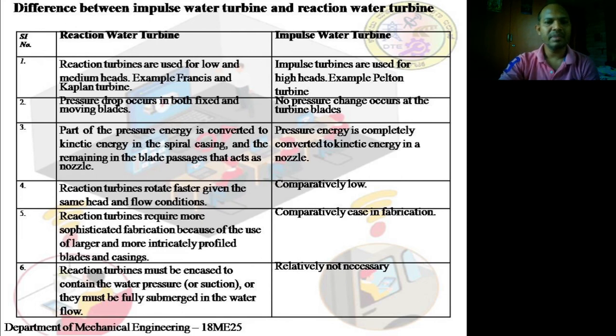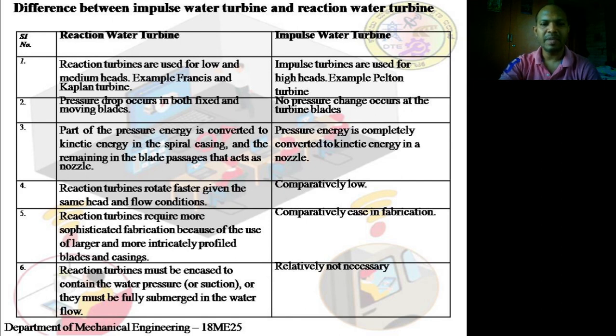Reaction turbines require more sophisticated fabrication because of the use of large and more intricately profiled blades and casings, whereas here it is comparatively easy in fabrication, and the only thing is the blades have to be symmetrical, so that the maximum work can be extracted.